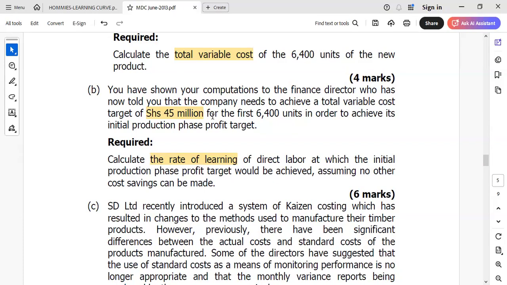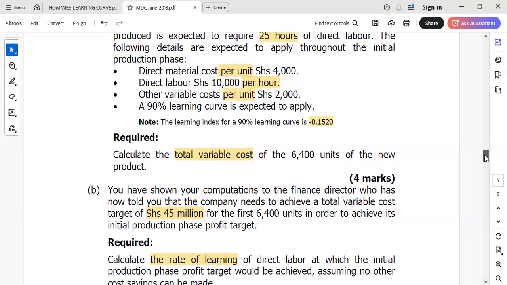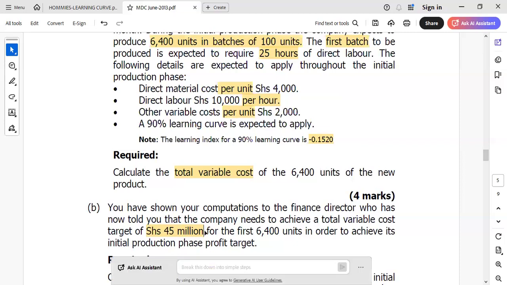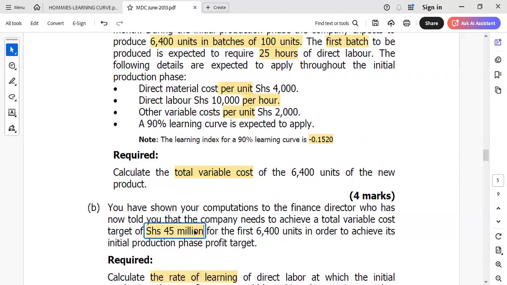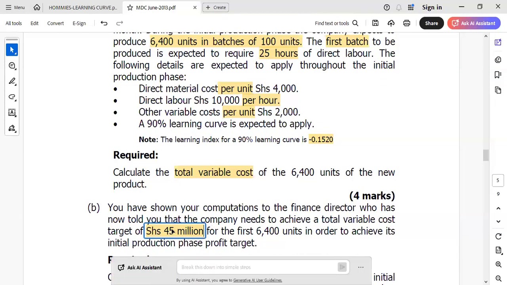If the rate of learning was 90%, for you to achieve your target, it should reduce to a certain percentage, because if the rate reduces, then it means that you will save on the labor costs. So how can we get that rate that can help us to achieve this target?